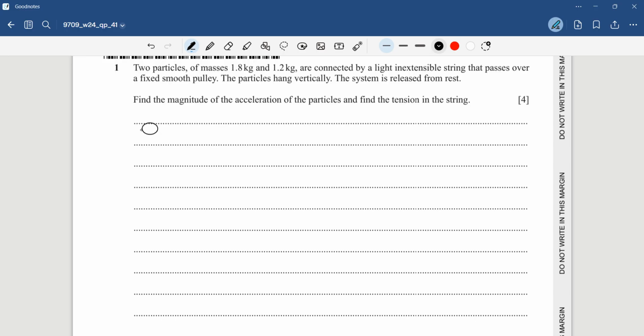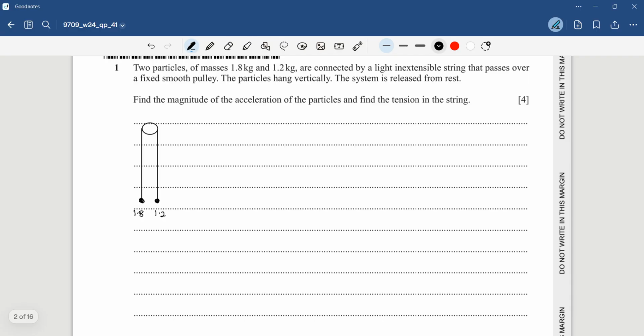A pulley, the first object and the second object. Then one is 1.8 kg, so this is 1.8 and this is 1.2.